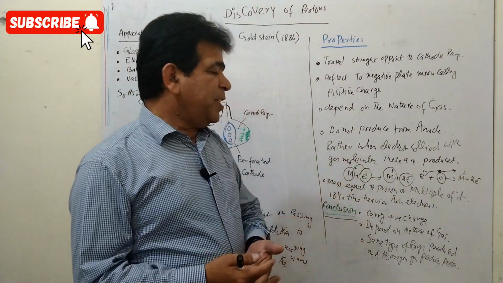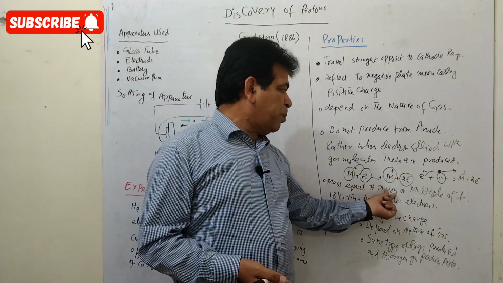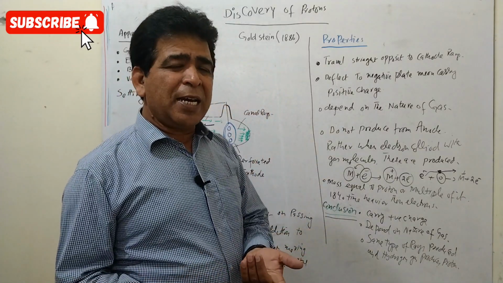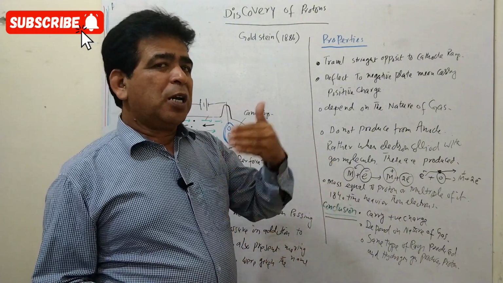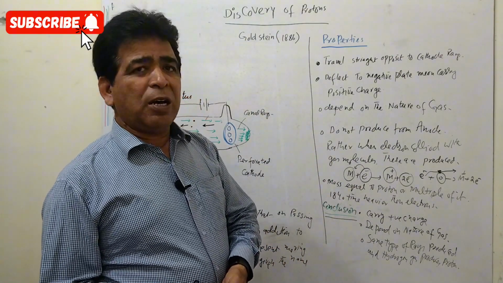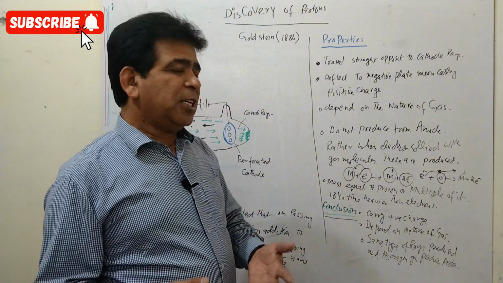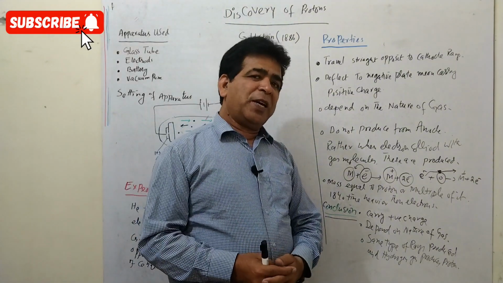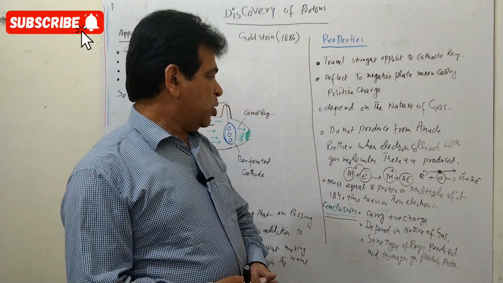What was the mass of these positive rays? The mass of these positive rays was equal to that of protons or a multiple of the protons. If there is one proton in a gas, the mass of these rays will be equal to 1, and if 2 or 3 or 4 protons are present in the nucleus of the atoms of that molecule, the mass of these rays will be equal to the mass of those protons present in the nucleus of the atom of the molecule.